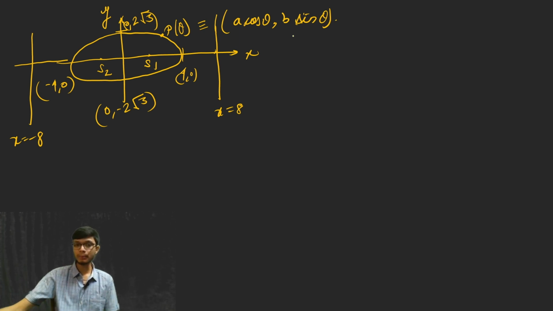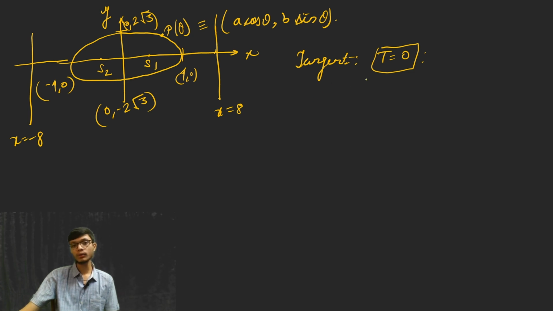From this parametric point, if I draw a tangent, then the tangent will have the equation T is equal to 0. This is the operator notation. So for T is equal to 0, you have to put x into x1 in place of x square, and that gives the relation x cos theta divided by a plus y sin theta divided by b is equal to 1. So that is the equation of the tangent.